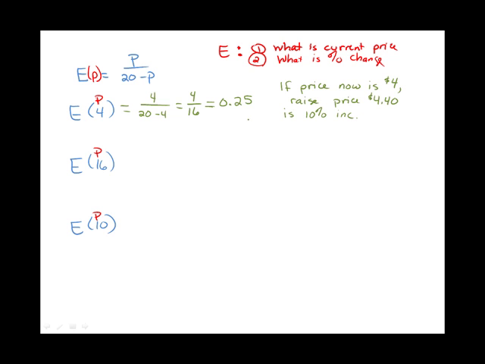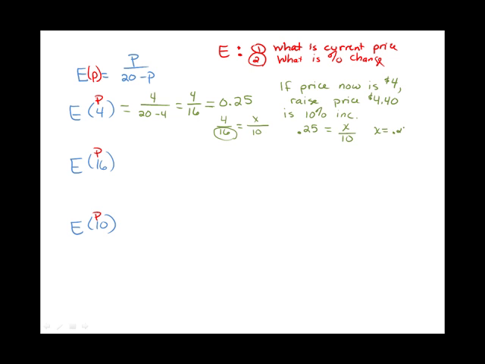Here's basically what we would have to do each time, is take 4 over 16 equals, we're not doing a 16% increase, we're doing a 10% increase. So you could do it that way, where you set up a proportion and you solve for x. Or another way to look at it is 4 over 16 is the same as 0.25 equals my demand change over my price change, and now I just multiply.